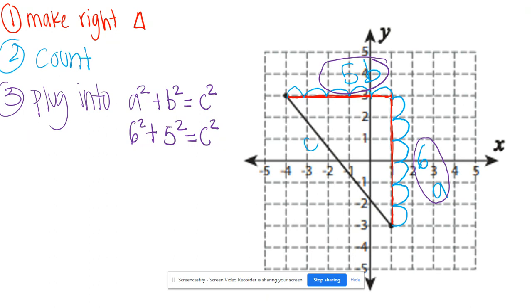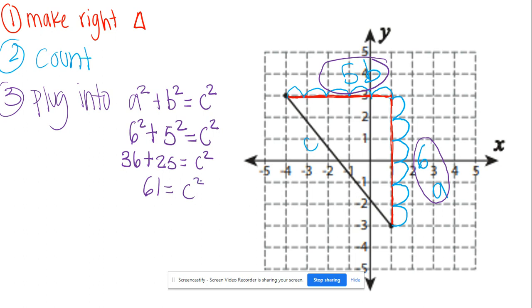6 squared is saying 6 times 6, and that's 36 plus 5 times 5 is 25 equals C squared. Now add those together, you get 36 plus 25 equals 61.